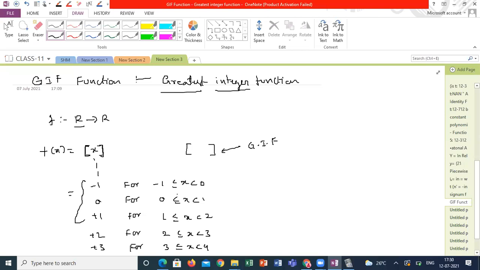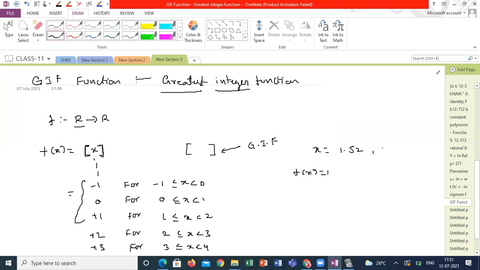Understood, guys? What is the exact meaning? Anyone can tell with some examples. What is meant by the greatest integer function with some x values? Suppose I take x equal to 1.52, my f of x is 1.